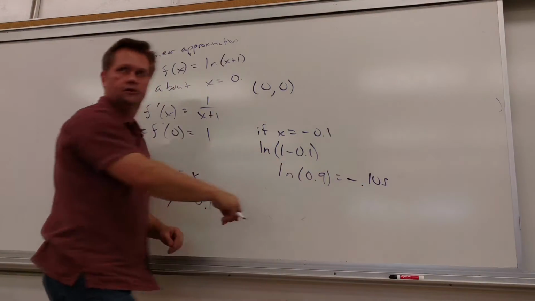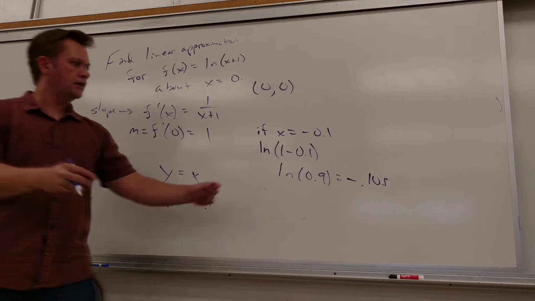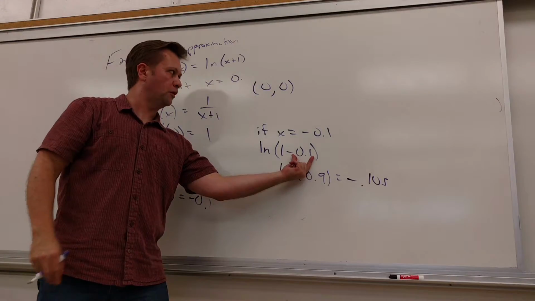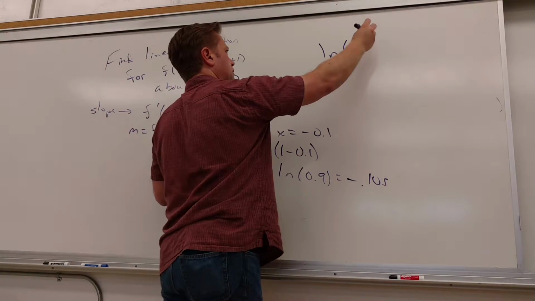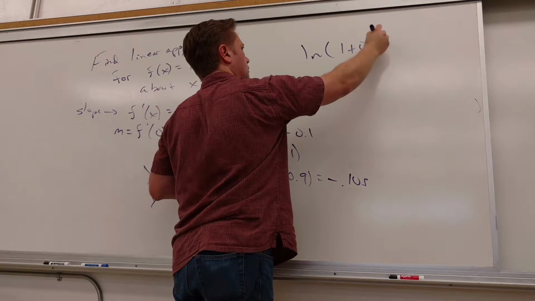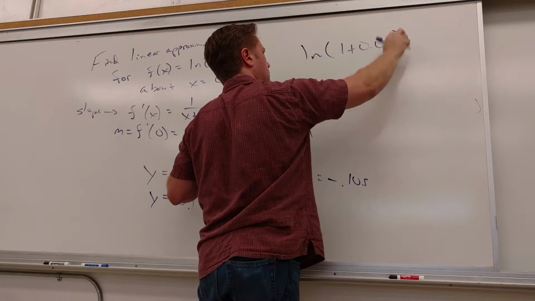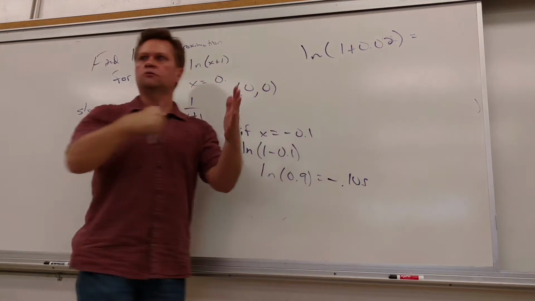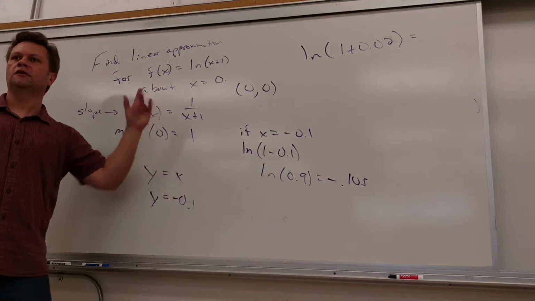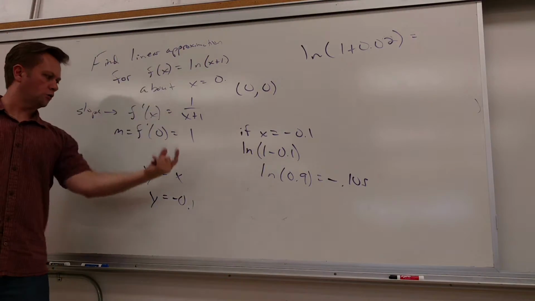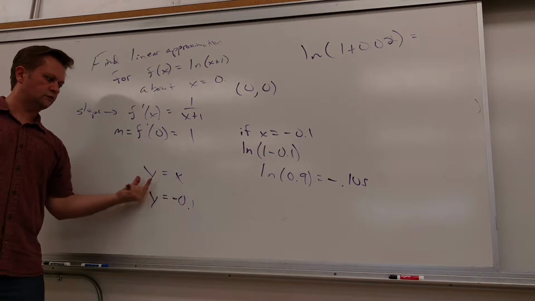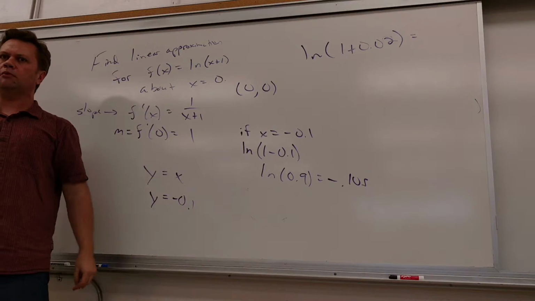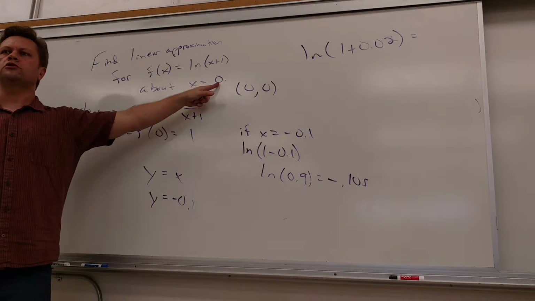So what's a good approximation for the natural log of this? 0.02. Because I know that the approximation is whatever x is, that's what the output's going to be, as long as the input is close to 0.